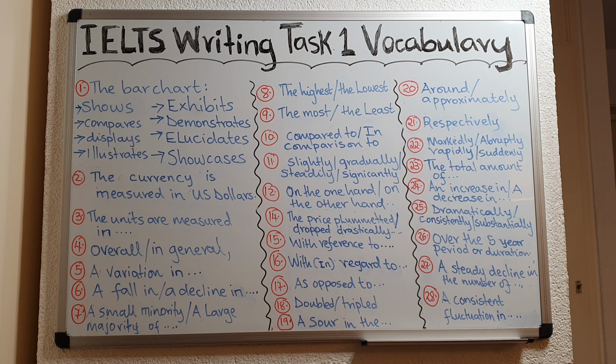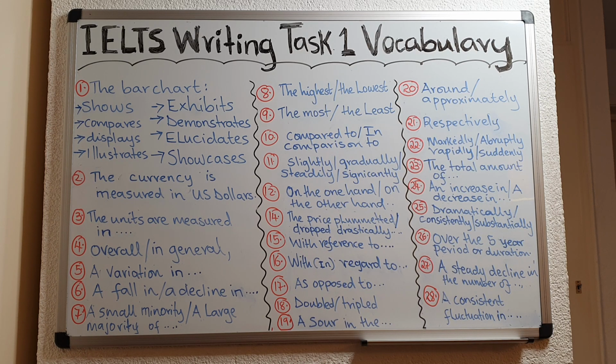Okay? So with reference to means exactly the same as number 16. With regard to. In regard to. You can either say with regard to or in regard to. And that means exactly the same as with reference to. So with regard to teenagers, it is clear that in the year 2020, majority of the boys had stopped smoking.